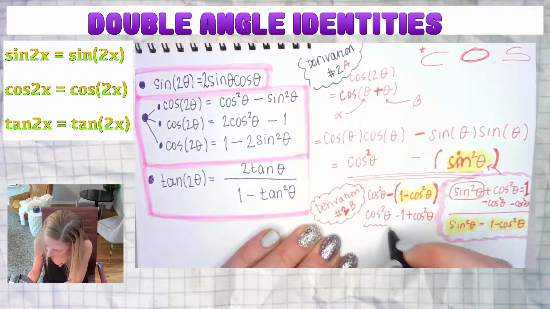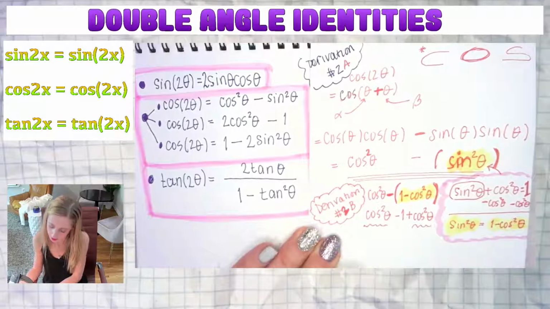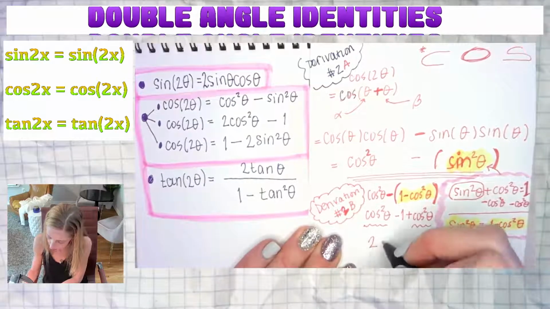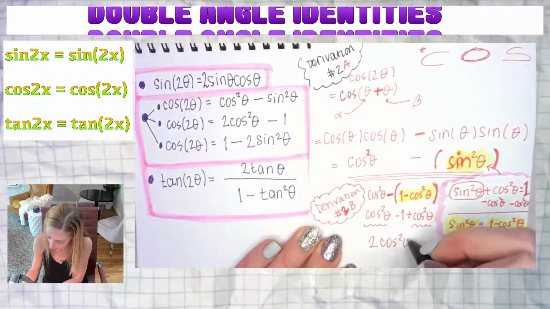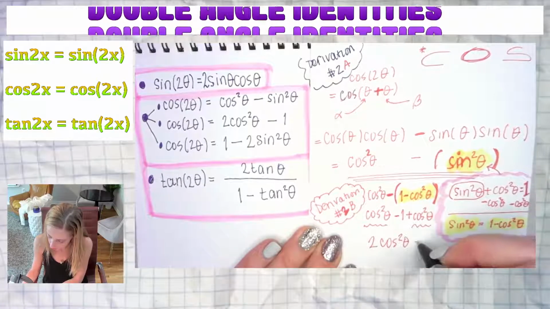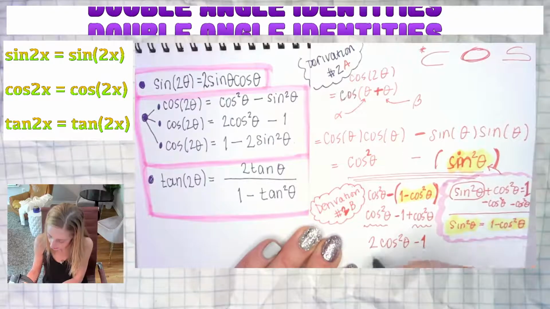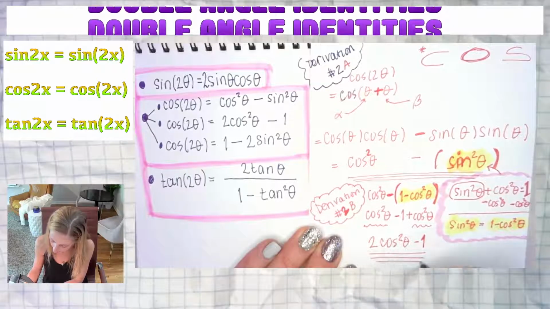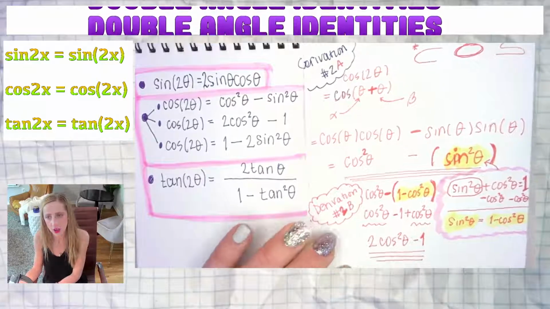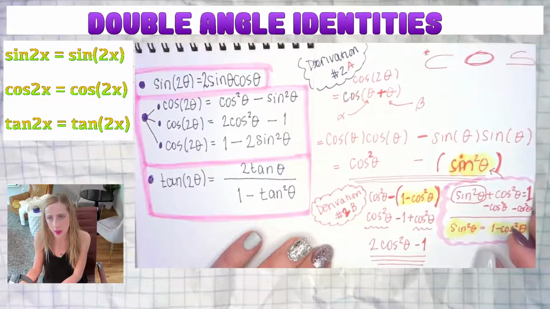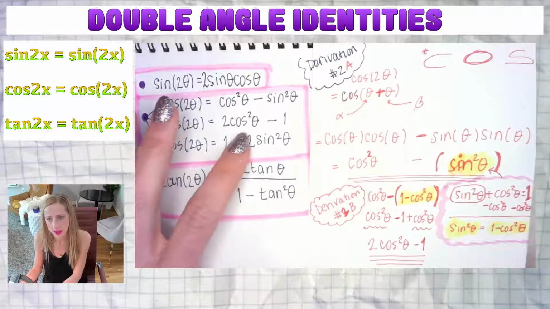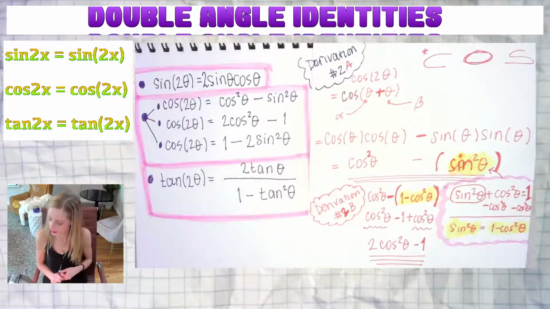And all we do here is we combine like terms. Cosine squared theta plus cosine squared theta is 2 cosine squared theta. And then that minus 1 just hangs out at the end. And there you have it. Derivation 2b. We just showed how we can come up with that second identity right over there. Okay?